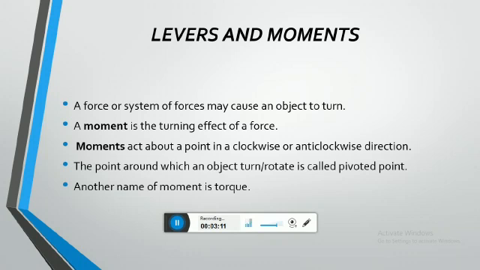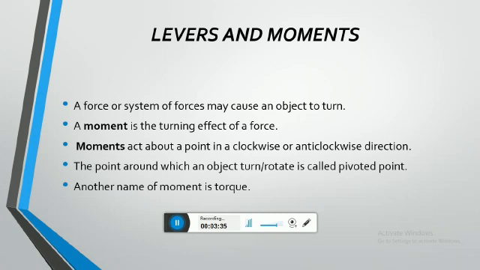I am discussing an analog clock. So in an analog clock, if the turning effect of a body is like a clock, that is clockwise movement. If opposite to the clock, that is anti-clockwise movement.